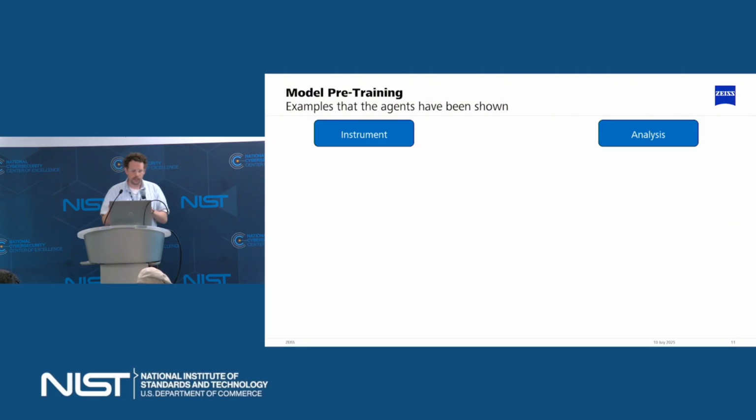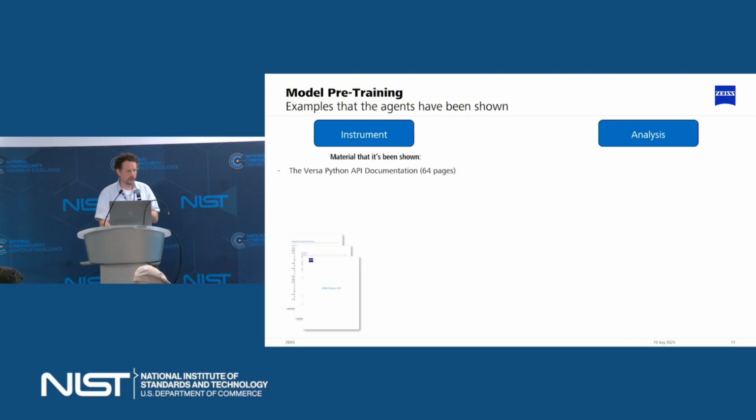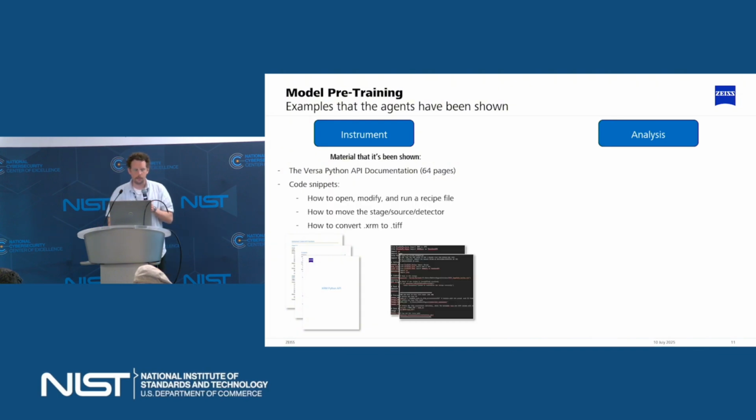We have pre-trained several of the agents on certain documents or information they might need. In particular, the instrument agent has been shown the full documentation of the API, so all the code it needs to actually operate the instrument. We've also shown it a couple example scripts that it would commonly execute.